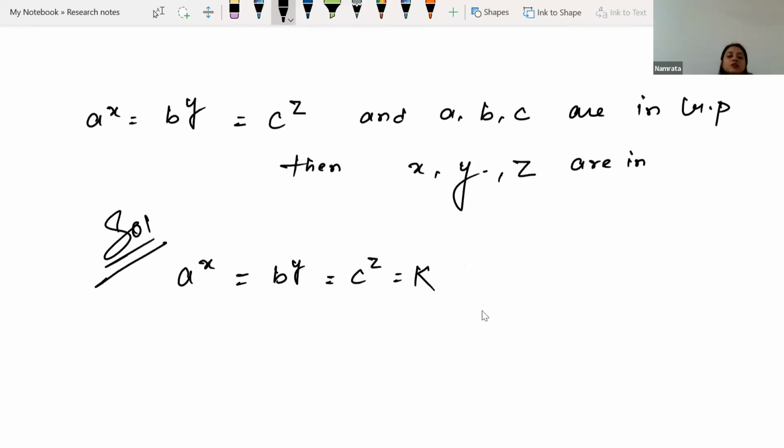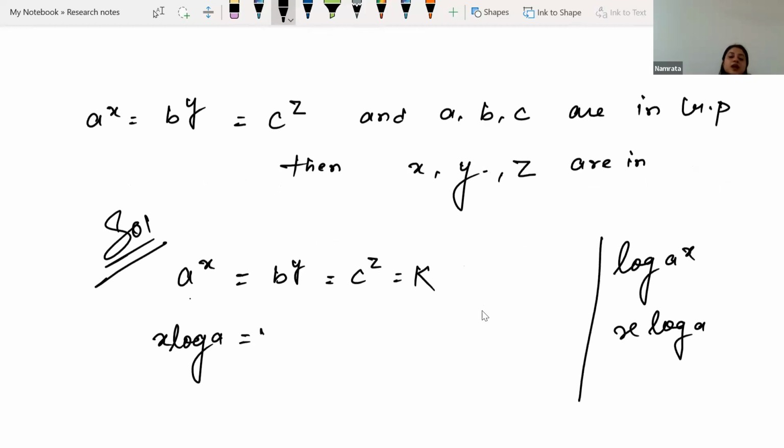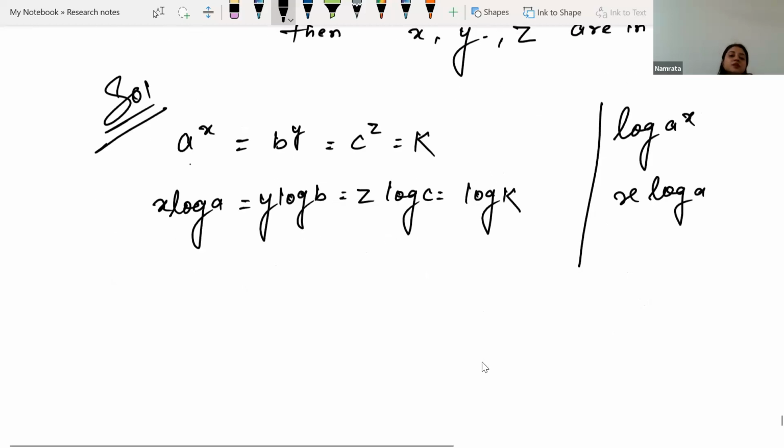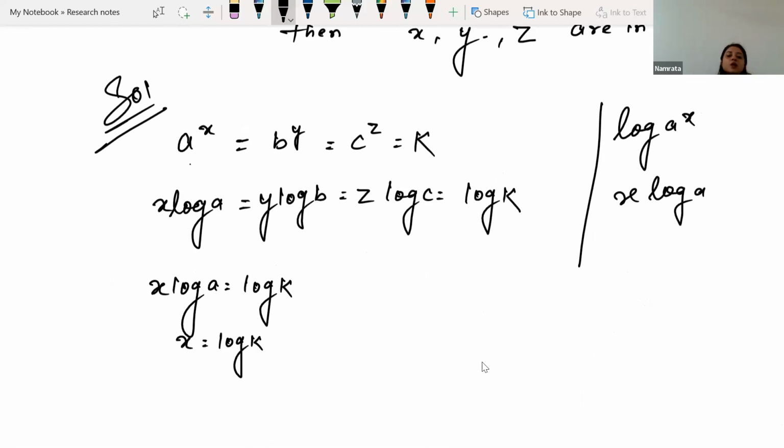So let's take logarithm with each and every term. So if we take logarithm of a to the power x, it will be x log a, right? Is equals to y log b is equals to z log c is equals to log k. Now let's move ahead. So we can say x log a is equals to log k, so x is equals to log k by log a.